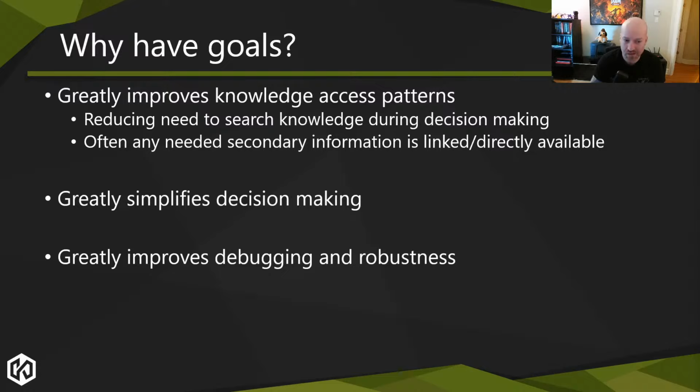It's entirely standalone and debuggable within that context. A lot of times when we had issues, it was really fast to figure out because we got into decision making, realized the goal information was wrong, and then went into the goal update and figured out what was going on. I don't have a lot of these queries done in the individual behaviors or decision making process, so that simplifies things.